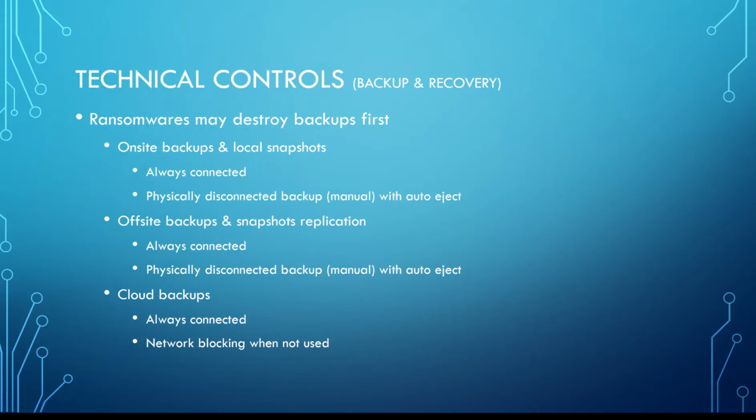Now for the offsite backups and snapshot replication, with Hyper Backup and the snapshot packages, as usual, you can have another NAS in another place, and your data is going to be backed up on this other NAS, and probably this NAS is also backed up with a hard disk, for example. And as usual, it's all the same thing, it's always connected either by the network or by the USB hard disk.